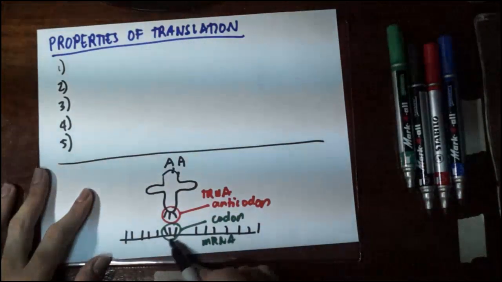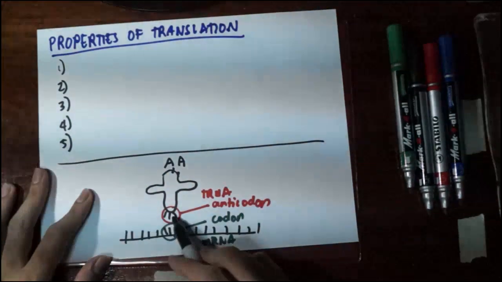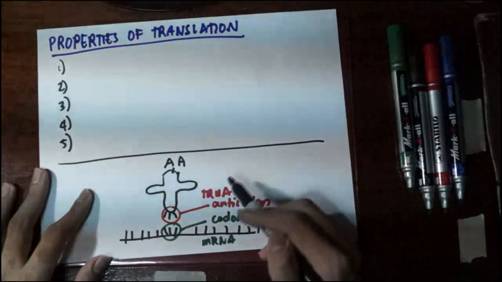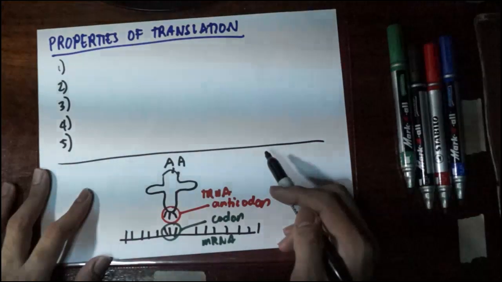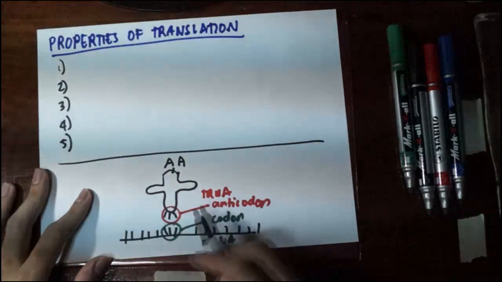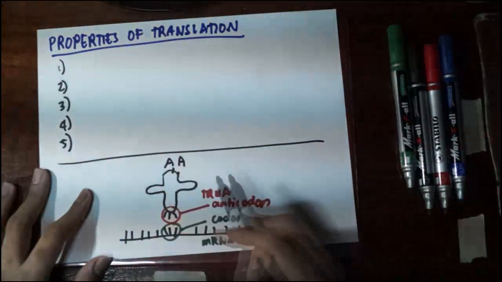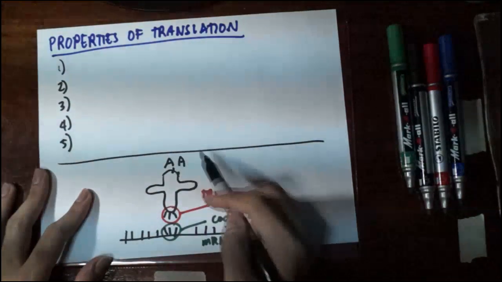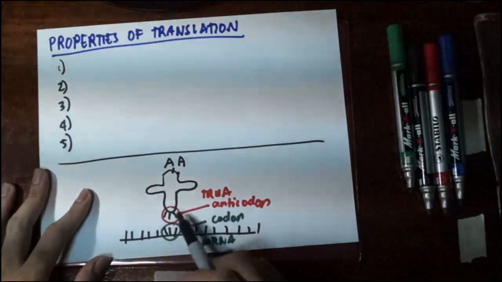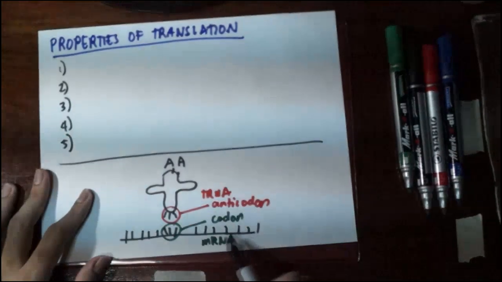Whichever codon correlates to a particular anticodon will bring about the amino acid that the tRNA would bring. That means that if the codon were different, then the anticodon would also be different, and it would correspond to another amino acid. So the amino acid that the tRNA brings with it is dependent on the anticodon it reads, which is dependent also on the codon that comes out from the mRNA undergoing the translation process.